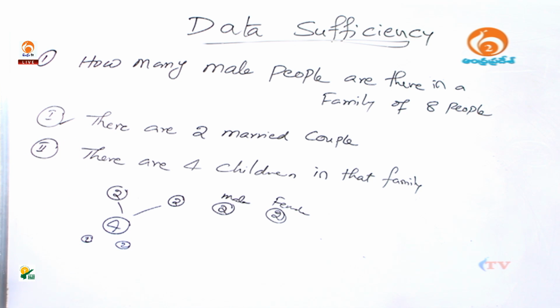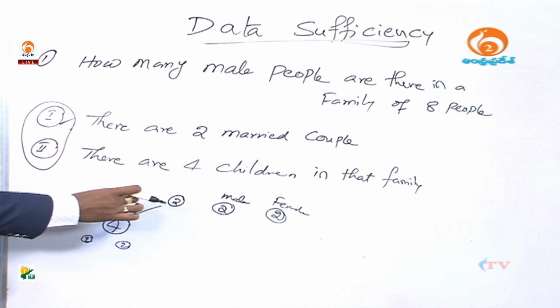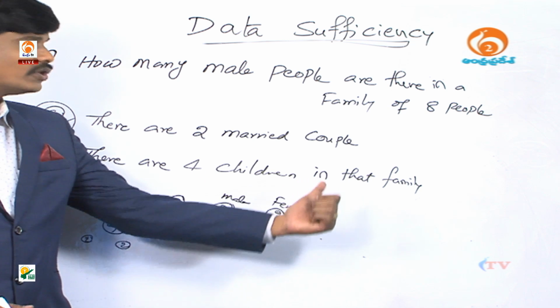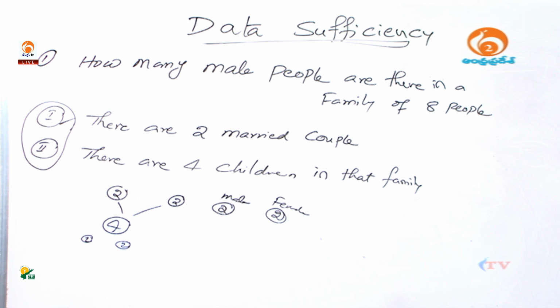By using the second conclusion, you can't conclude, because 4 children could be male or female. Now check the combination of 1 and 2. Two married couples means 2 males and 2 females. Four children could be 3 males and 1 female, or 4 males, or 4 females, or 2 males and 2 females.